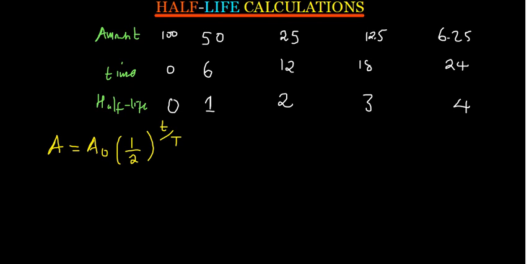The small t is representing how long something would take to be reduced. For example, how long will it take for 100 of this to go to 25? The time it takes, you can see this is 12 seconds. That is the t. Now to avoid this confusion, I'm going to write.